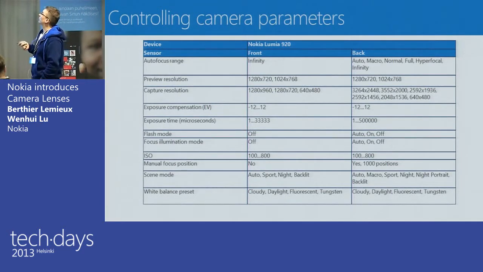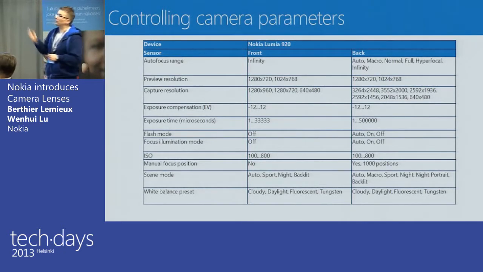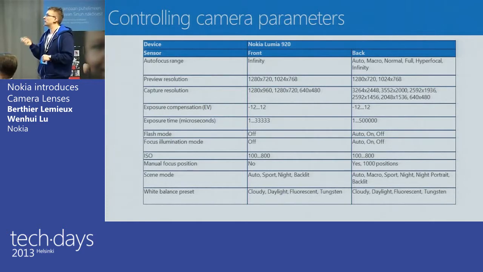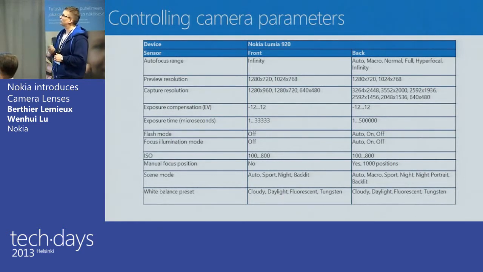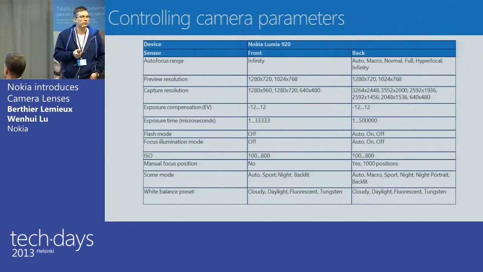And it doesn't support as long an exposure time, for example, as the big camera at the back. So your application must take care of not giving the API some stupid values, because otherwise the system will just throw an exception and might just kill your application.